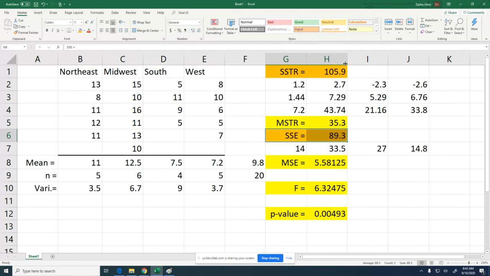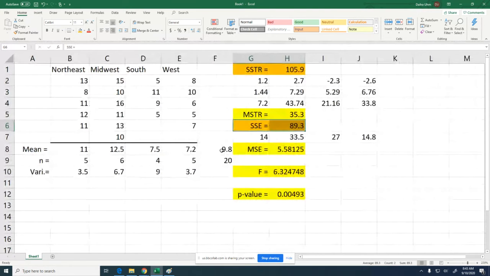From individual minus the overall mean square, then take the double summation. That will be same as the sum of the two sums of squares. Let me try. 9.8 was the overall mean. Do you remember that? Right?